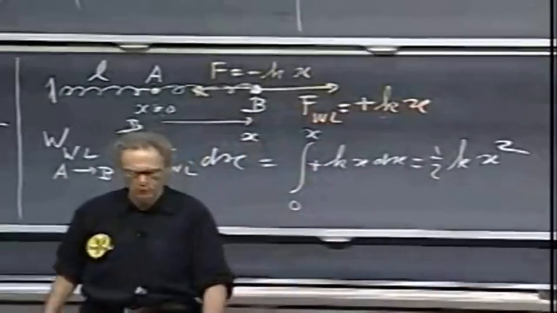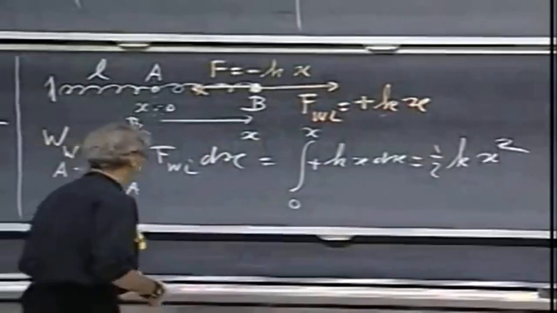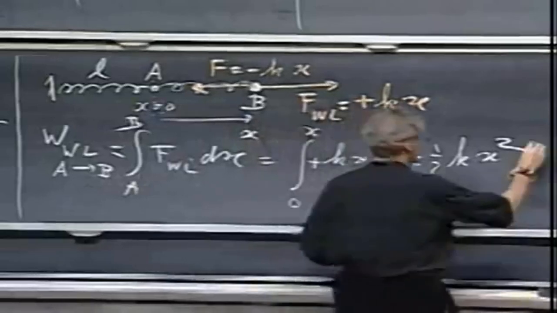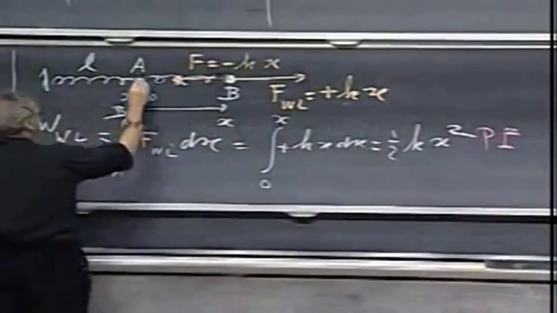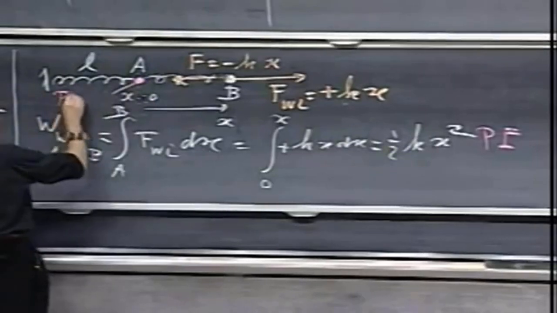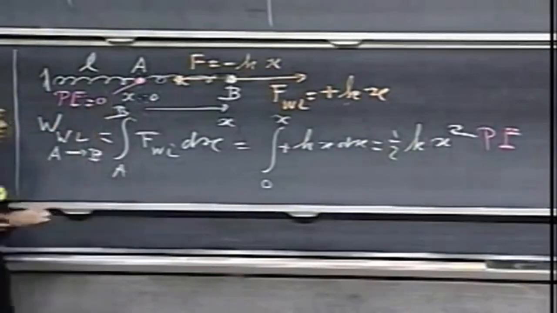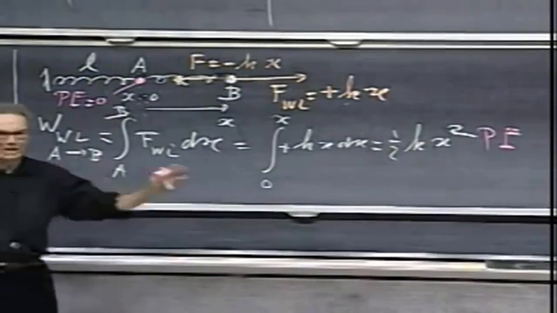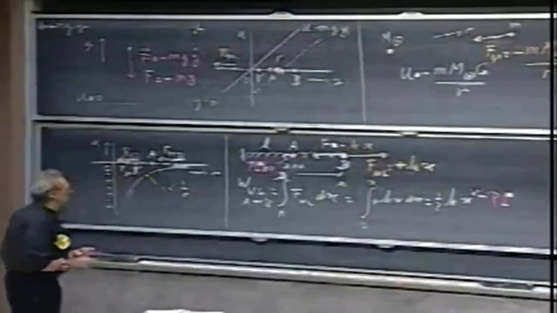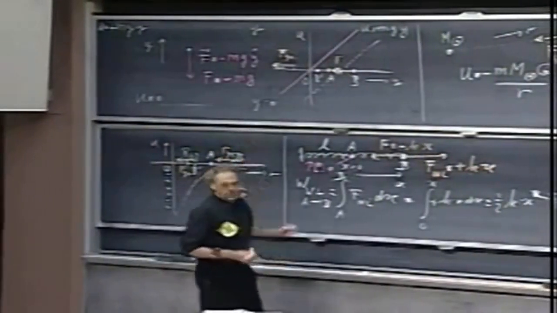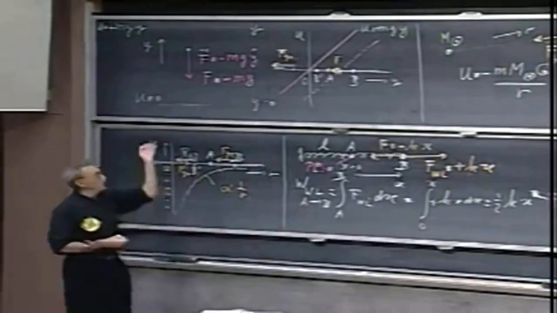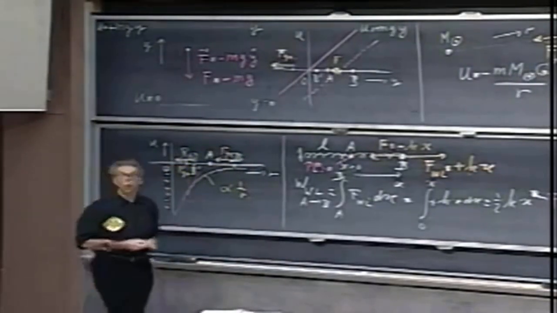And this is what we call the potential energy of the spring. It means that at x equals 0, we define potential energy to be 0. You don't have to do that, but it would be ridiculous to do it any other way. So in the case that we have the near-Earth situation of gravity, we had a choice where we put our 0 potential energy.